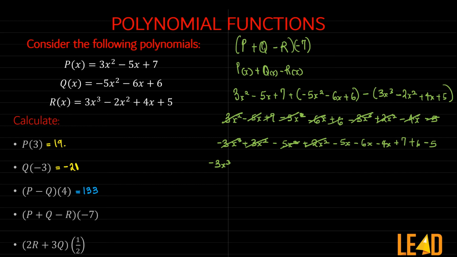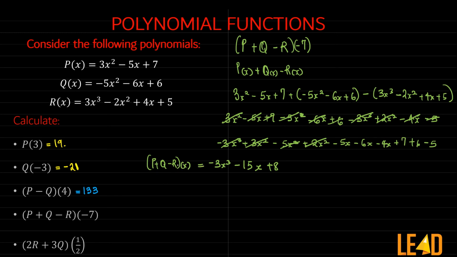This is minus 5, minus 6 is minus 11, this is minus 15x. And this is 7 plus 6 is 13, 13 minus 5 is 8, so plus 8. So this is my, sorry, I'm encroaching, p plus q minus r of x.